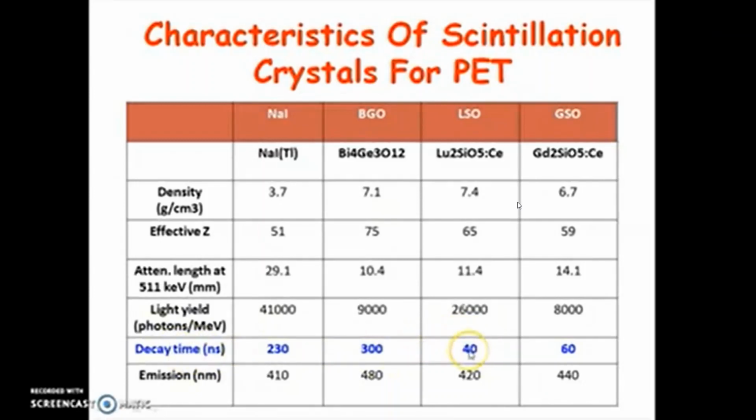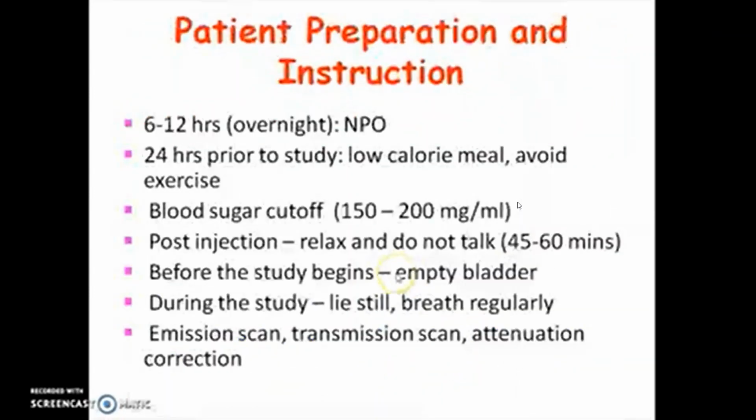If the decay time is short, it means the crystal can detect an event immediately. As soon as one detection happens, it is ready to detect the next one within 40 nanoseconds. With the other crystals, we have to wait longer to detect the next event. So that is a great advantage of LSO, though of course it is also costlier because of that.